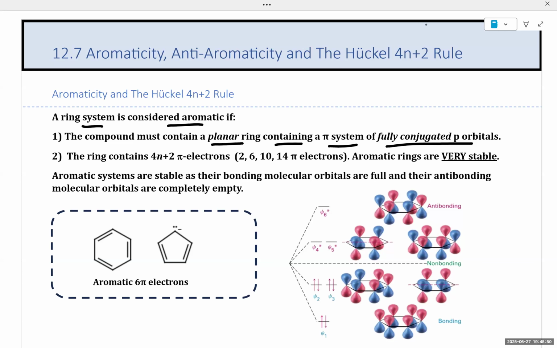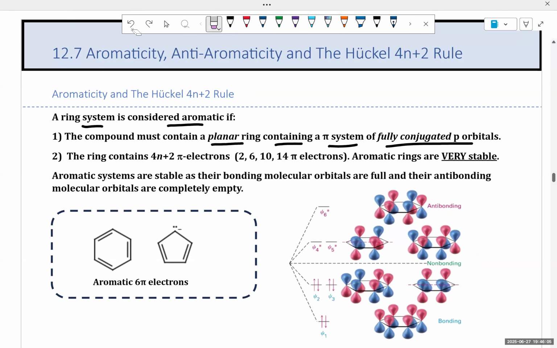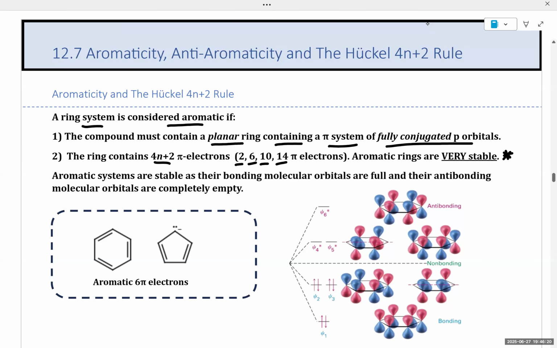So the ring must be planar, flat, and it has to have a pi system of fully conjugated p orbitals. Further, the ring must contain 4n plus 2 pi electrons. So what that means is if n is a number, it must contain 2, 6, 10, 14 and so forth pi electrons.